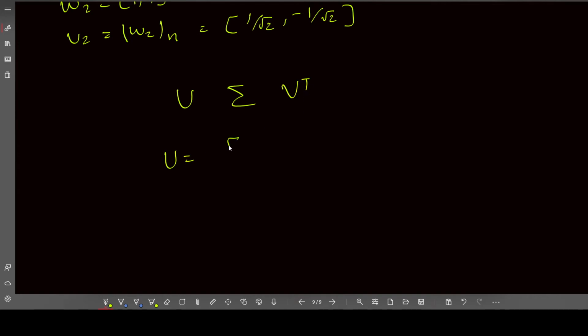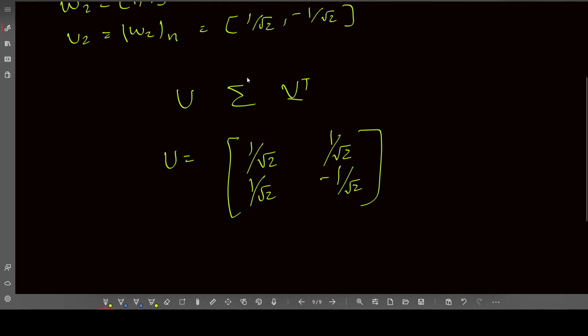U is equal to 1 by root 2, 1 by root 2, 1 by root 2, minus 1 by root 2, right? That is the value of U.